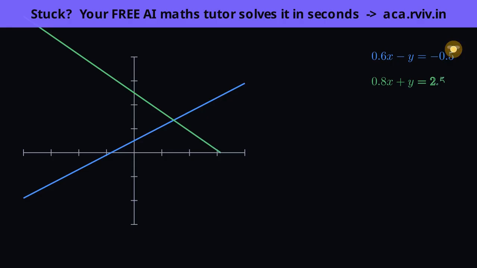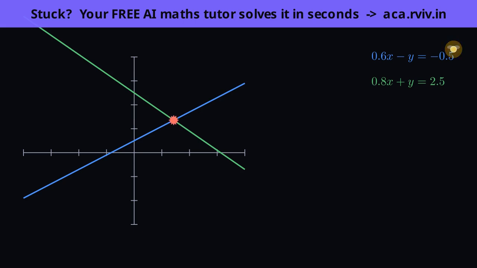Here are two such equations, and each one, drawn on the grid, is its own straight line. Now here's the key idea of the whole chapter. Every point on the blue line is a pair of x and y that satisfies the first equation. That's what the blue line means. Every point on the green line satisfies the second.